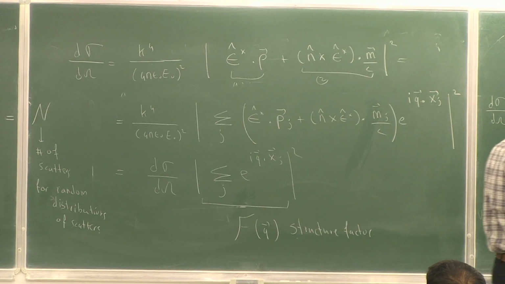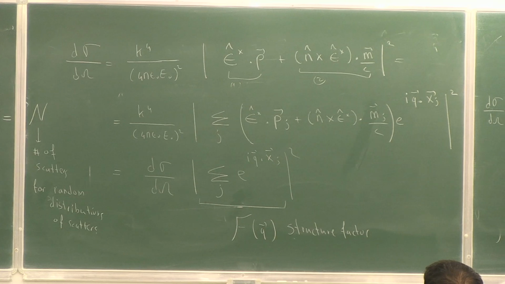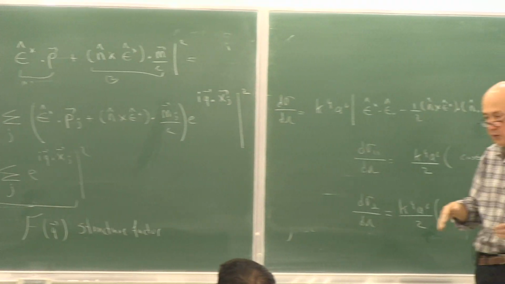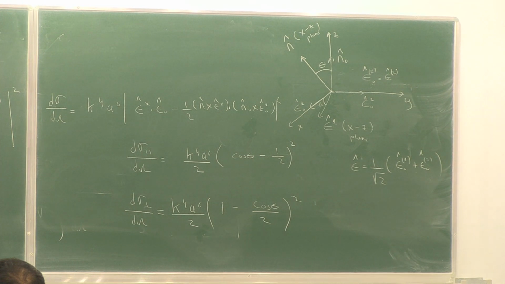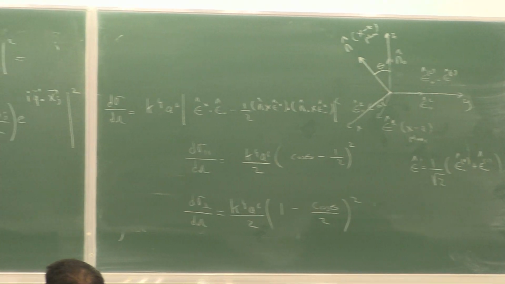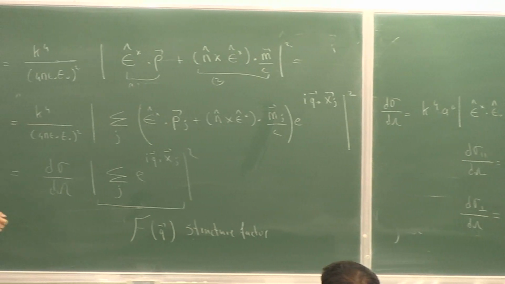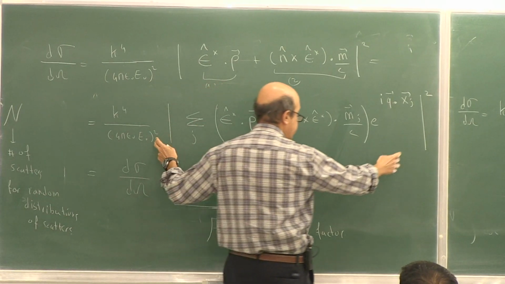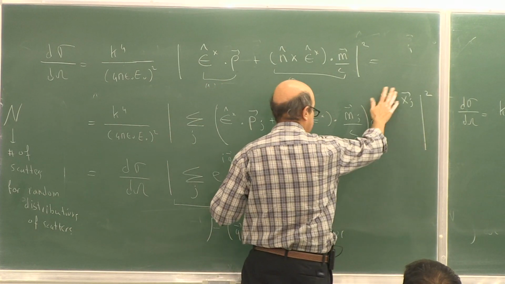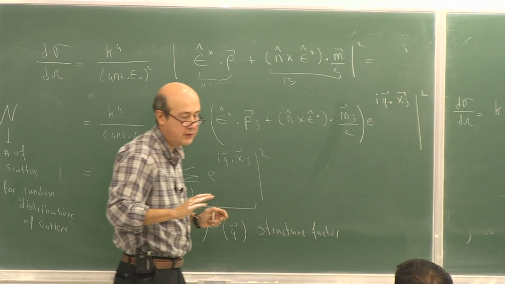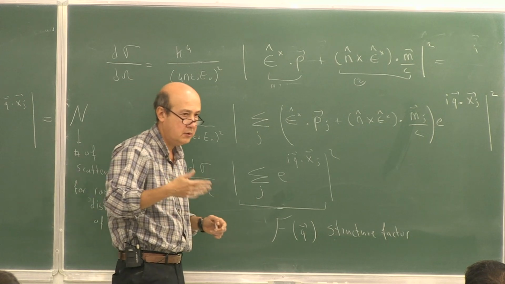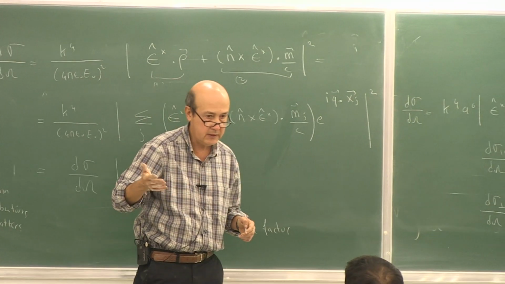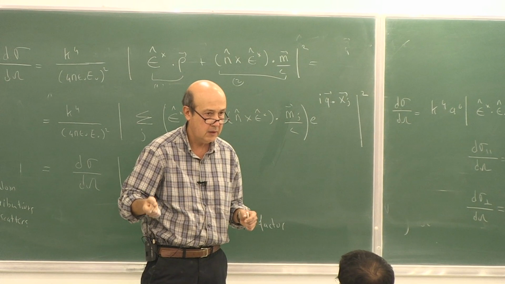Next time we will write the Maxwell's equations, wave equations, including some perturbative terms, and we will solve using the Green's function again, and you will see that we find this kind of formula naturally, including this structure factor. Okay. So the next thing is to include many scatterers in the medium.